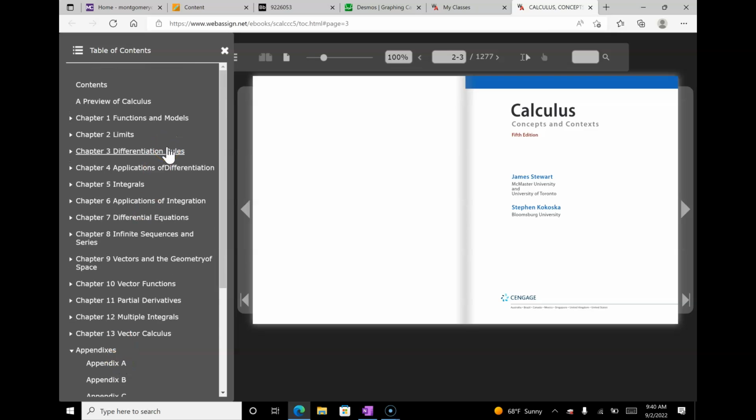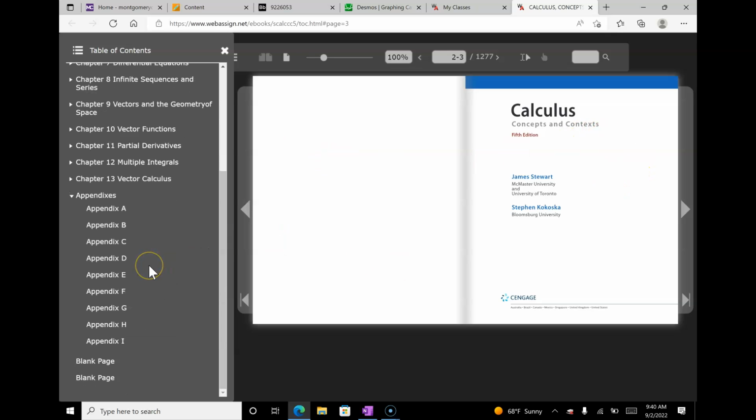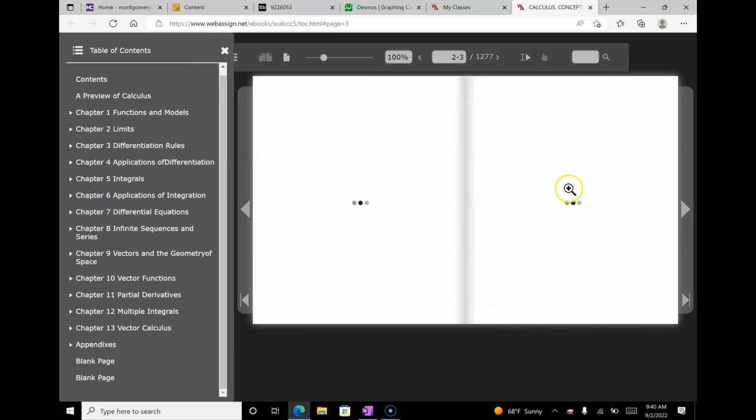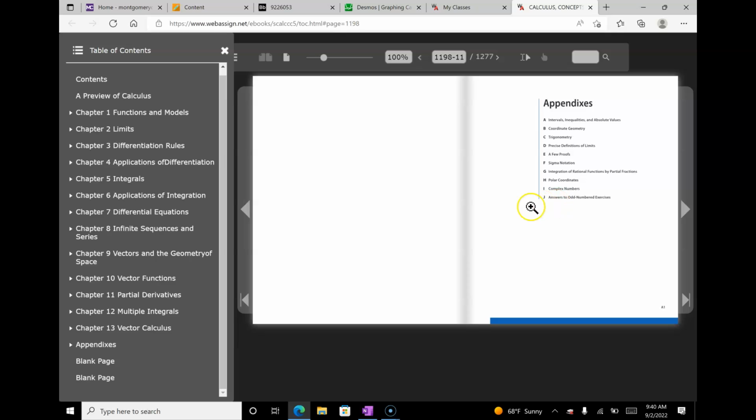I'll get you answers, okay? They're not there. I don't know why. It says answers to odds in Appendix J. In the old book, it was there, so I'll figure it out. I will post it on Blackboard, and so that way you can be checking answers.